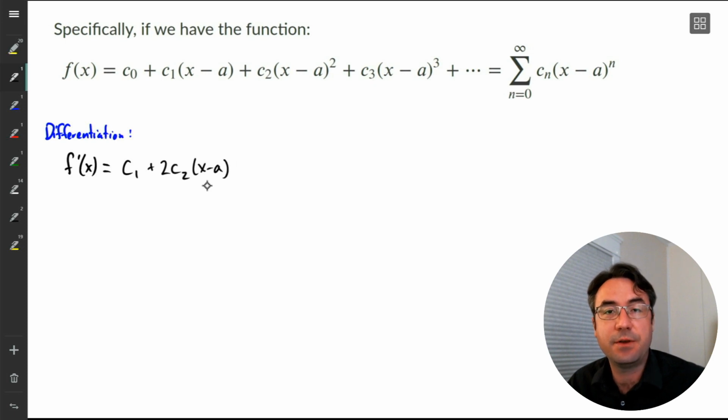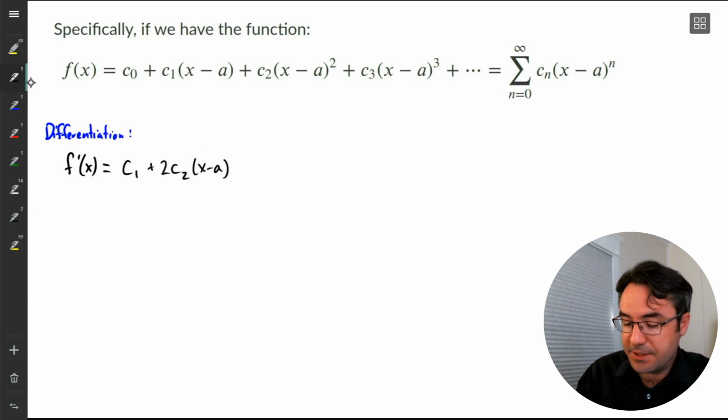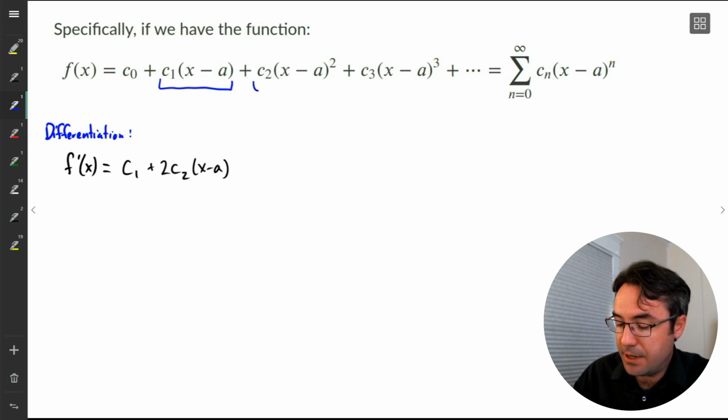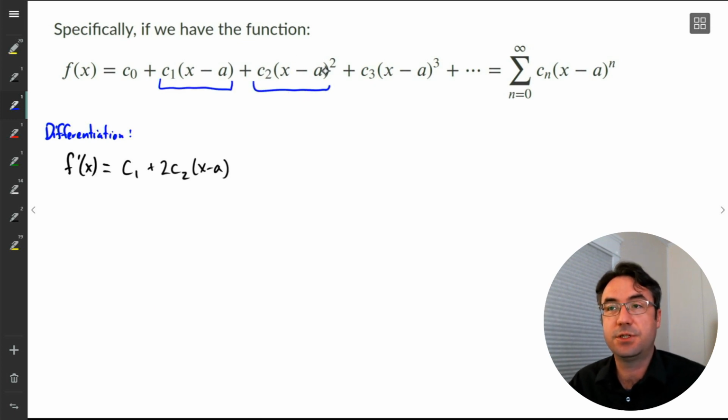And then the derivative of the inner term, x minus a, is 1. So essentially we're differentiating each term individually. It's just a power function, so we're using the power rule, or the general power rule, to differentiate each of these.